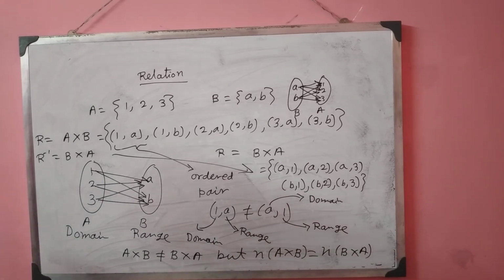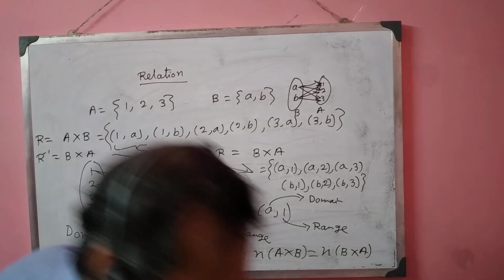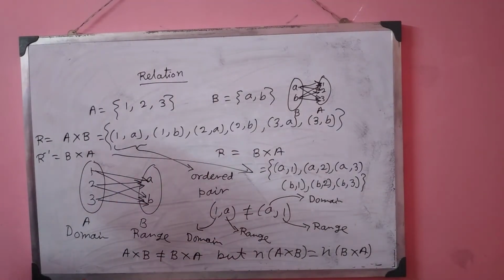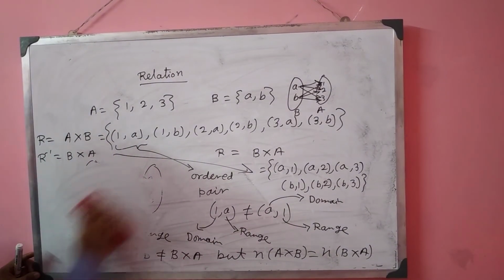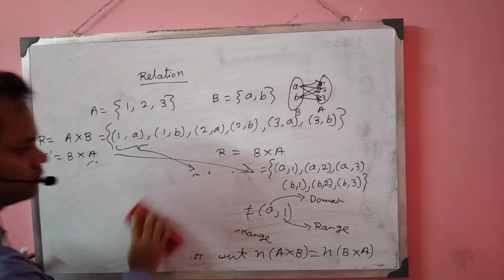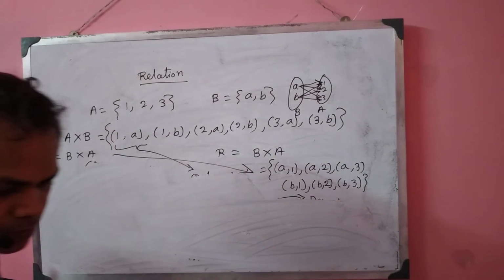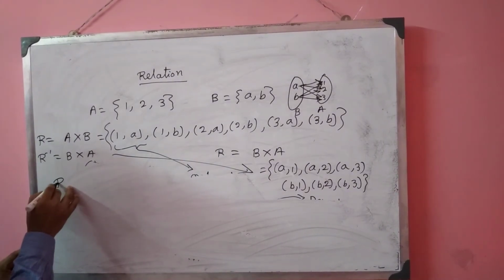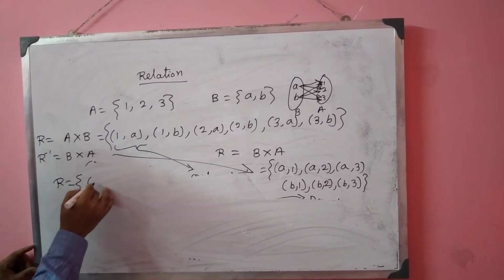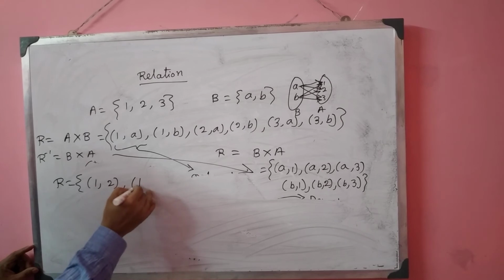Just for example, suppose R equals {(1,2), (1,3)}.